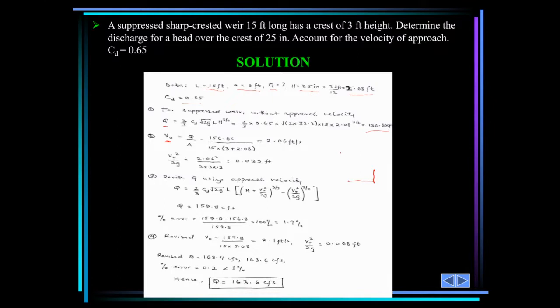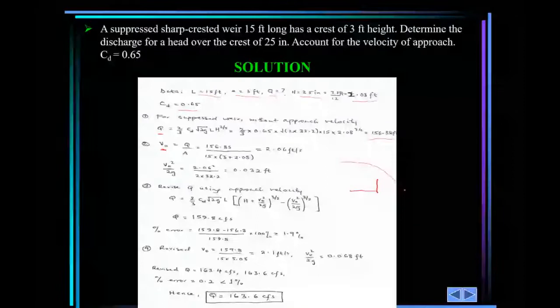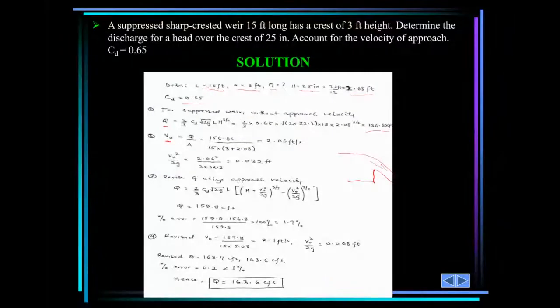Water is flowing over the weir in this direction. So this is h and this is a, which is the height of the weir. So the area is going to be the length of the weir, which is the width, times the height.